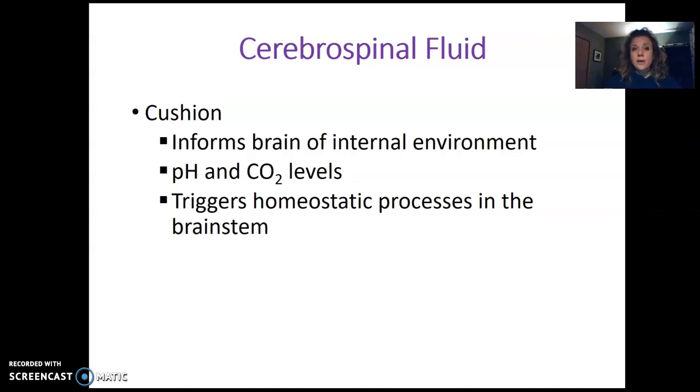So if you have an increased amount of carbon dioxide in your blood, maybe because you're exercising at the time, that means that your brainstem is going to sense this change and cause your respiratory rate to increase so that you are exhaling more and more carbon dioxide. So that's just one example of how the cerebrospinal fluid helps to inform the brain of what's going on in the internal body environment.